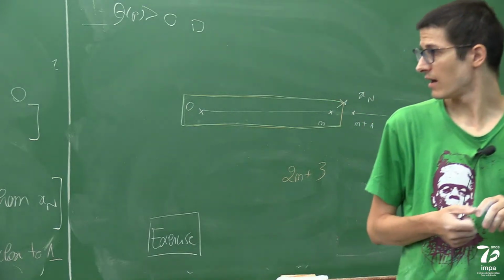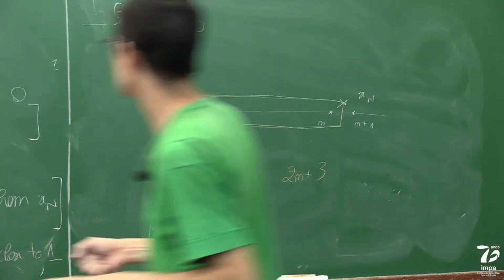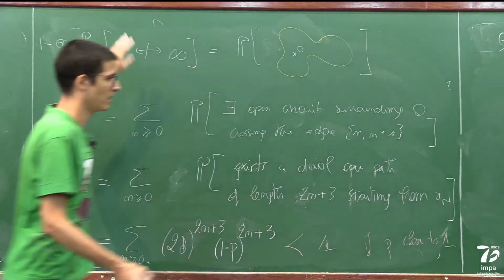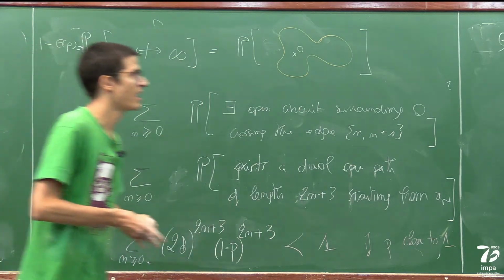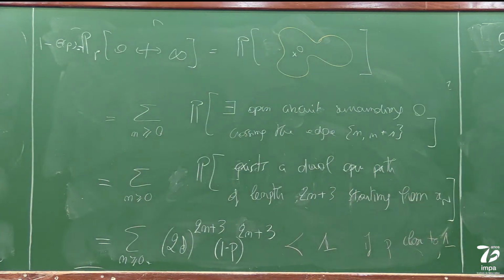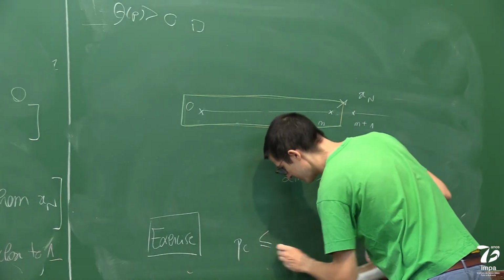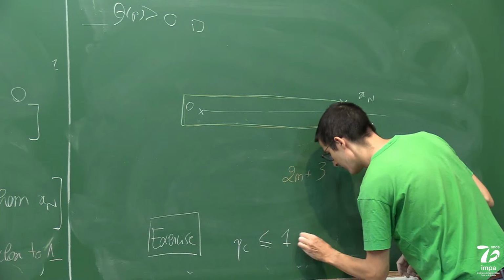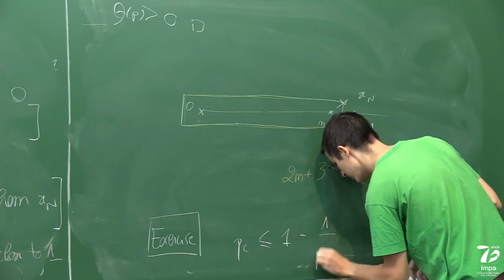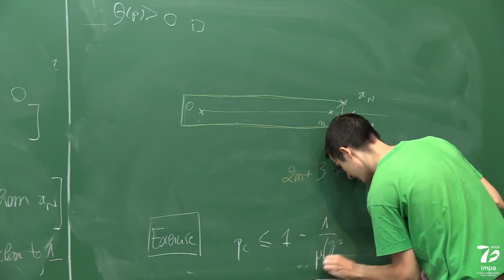As an exercise, you can try to make this reasoning a bit more quantitative and show that pc is actually smaller than 1 minus 1 over mu of Z2.